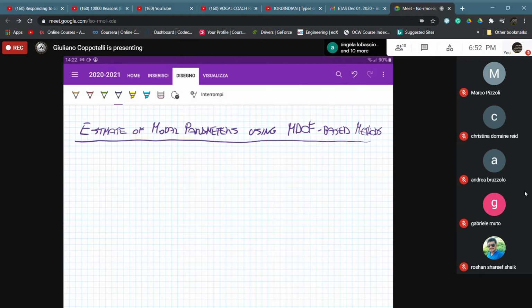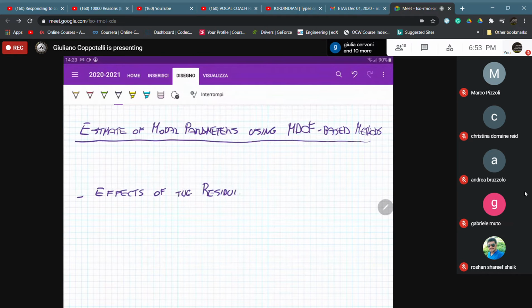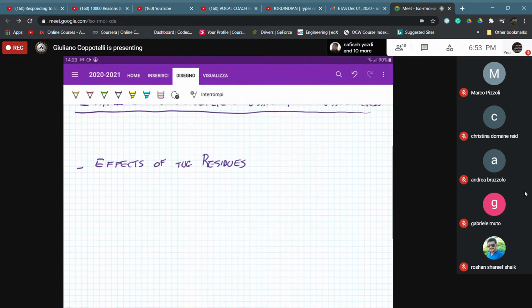We already introduced the residual terms. Now let's see what this effect could be. So let me write the effect of the residues, that are the residual terms, when we are referring to our analysis.